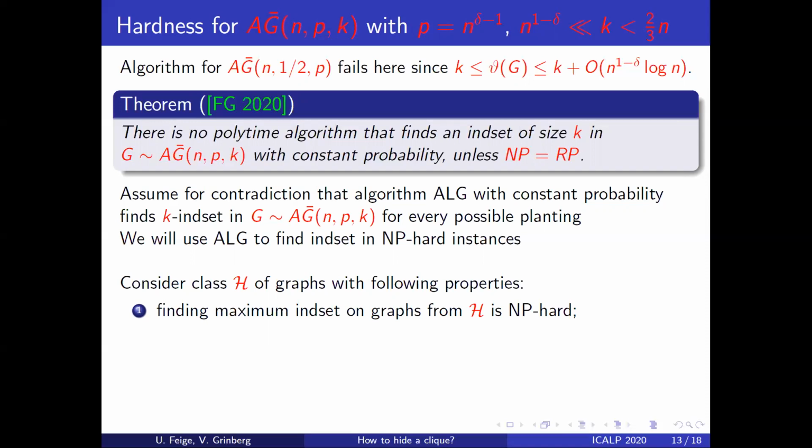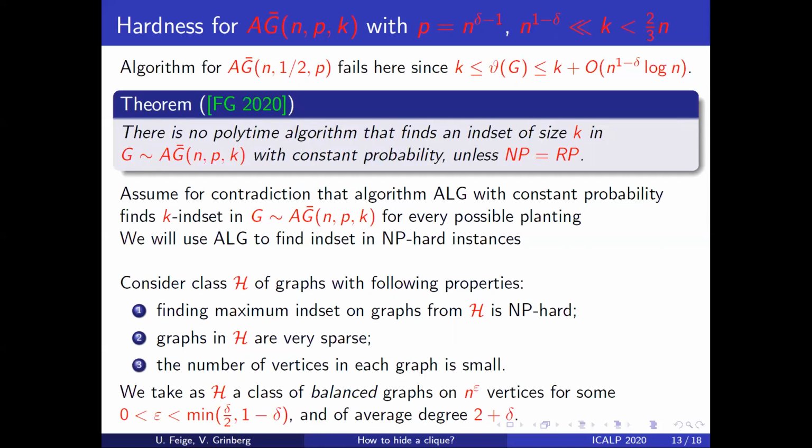These graphs are very sparse, and the number of vertices in each graph is small. To be more precise, we take calligraphic H as a class of balanced graphs on n^epsilon vertices for some small constant epsilon, and average degree 2 plus delta. The graph is called balanced if no subgraph of it has average degree larger than the average degree of the original graph itself. In our work, we show that solving the max independent set problem on such graphs is NP-hard.